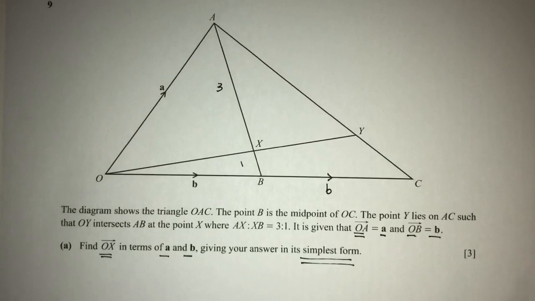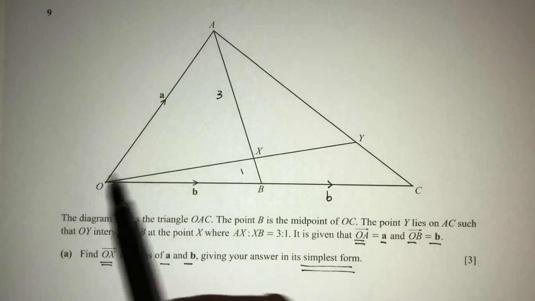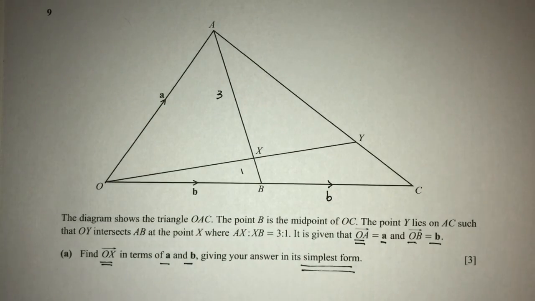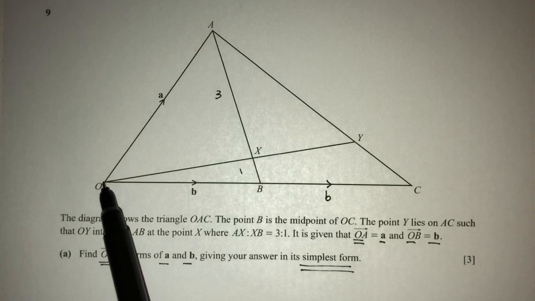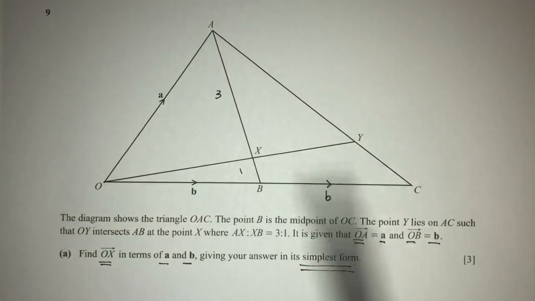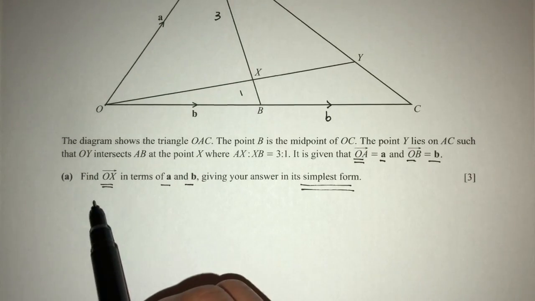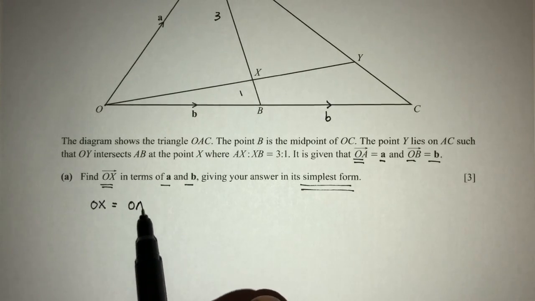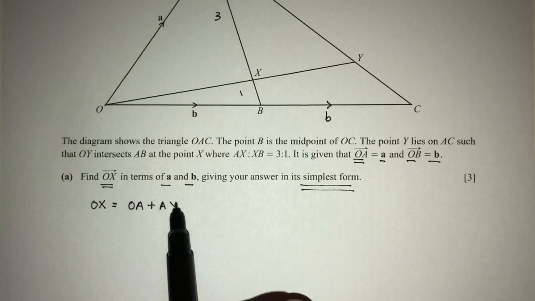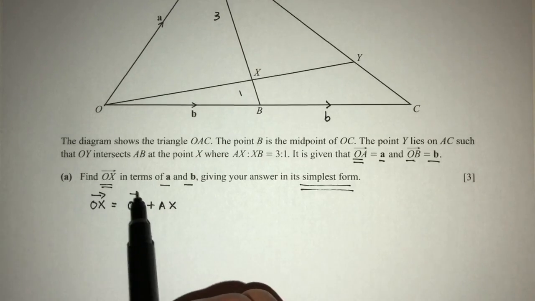So where's OX? As you can see, OX. So whenever you have these kind of questions, always use the diagram to see how can you find the answer. So OX, I need to start from O. I can go to O, A, and then A to X. So I know according to the diagram, OX can be OA plus AX, right?